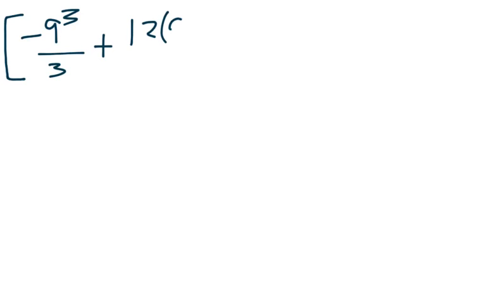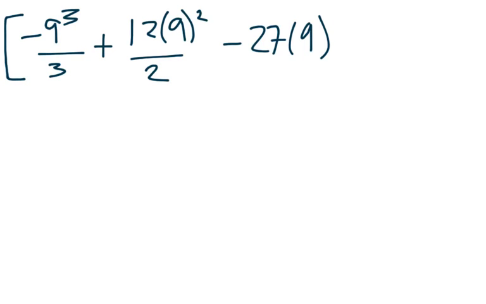So we'll do the highest one minus the smallest one. So we'll sub in 9 for x, and then we'll minus, and we'll sub in 3 for x. So I'll show you how we do that now. So we'll do minus 9 cubed over 3 plus 12 by 9 squared over 2 minus 27 by 9 plus c.